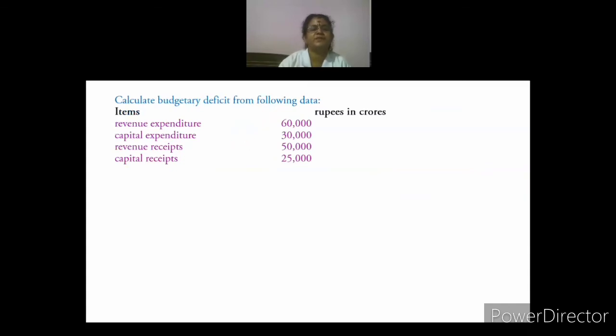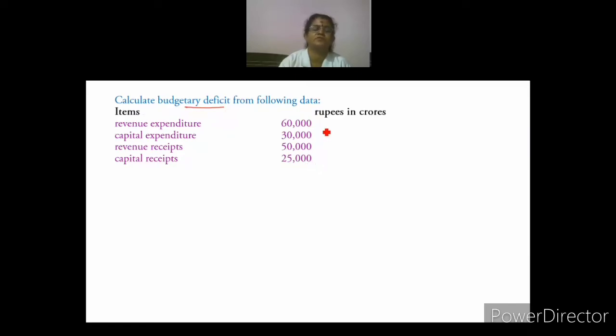Calculate budgetary deficit from the following. So here they've asked us budgetary deficit, not revenue or capital deficit or fiscal deficit. Budgetary deficit is asked here. Revenue expenditure is rupees 60,000. Capital expenditure is 30,000. Revenue receipts 50,000 and capital receipts 25,000 crores.